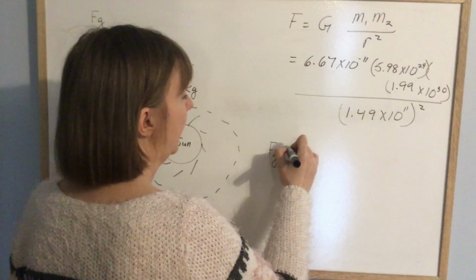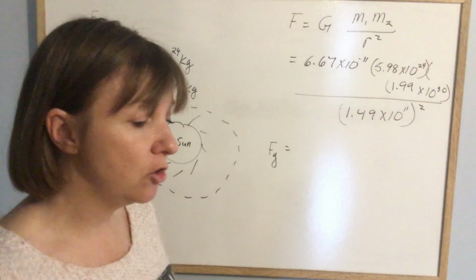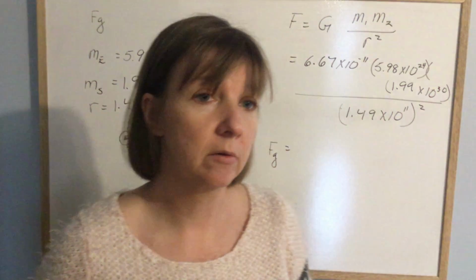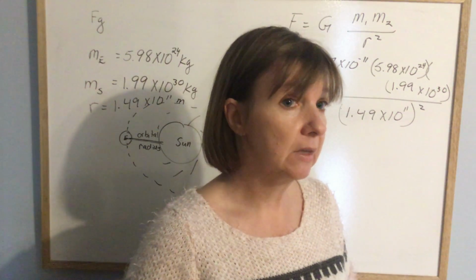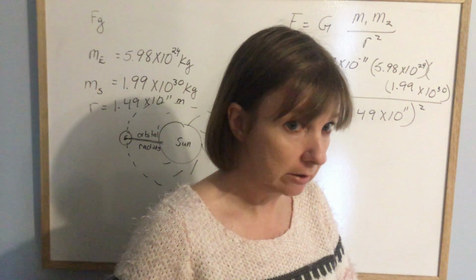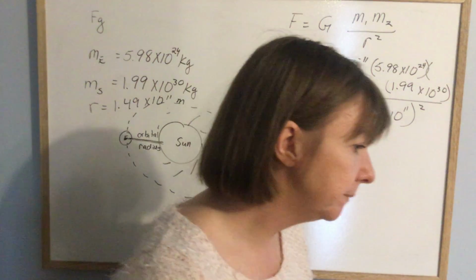Now, if those are the numbers you have, and you still got your answer wrong, here's what that tells me. You're not running your calculator correctly. That's what that tells me. All right?